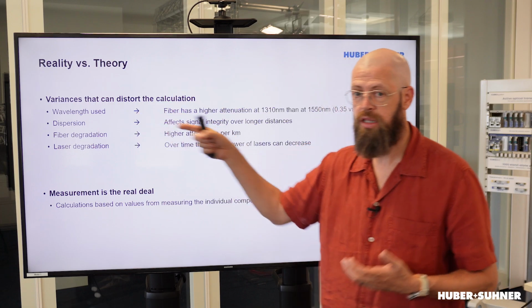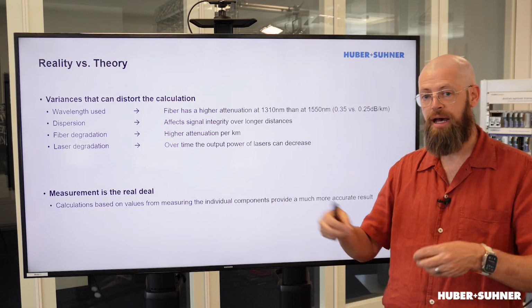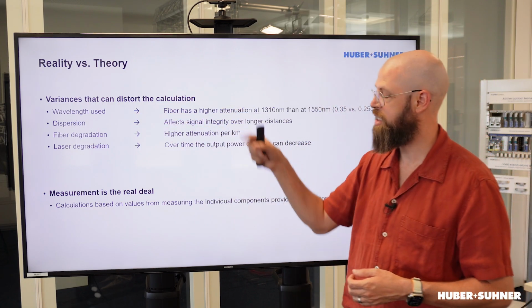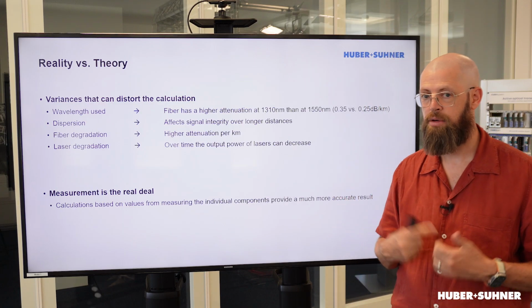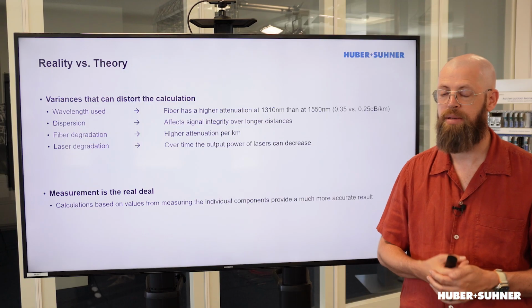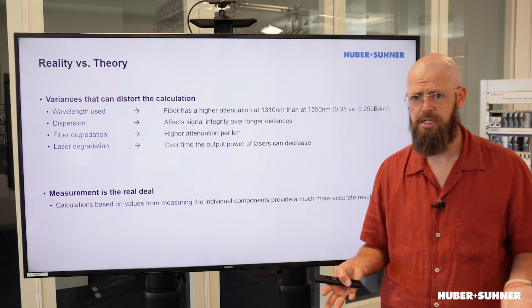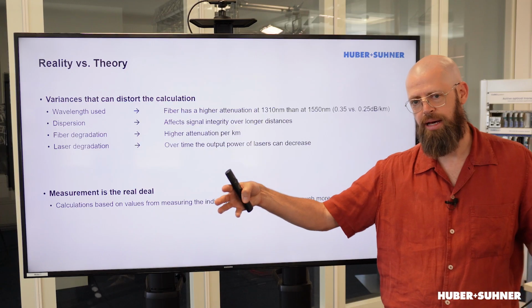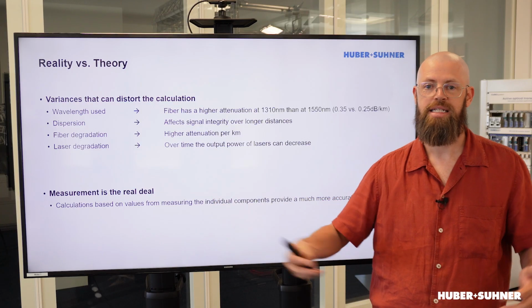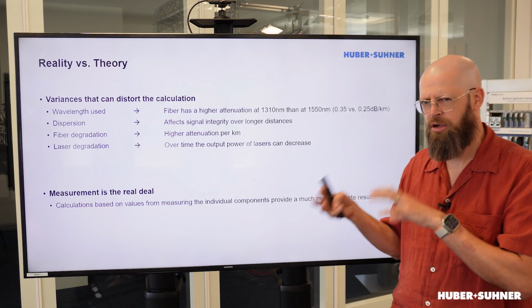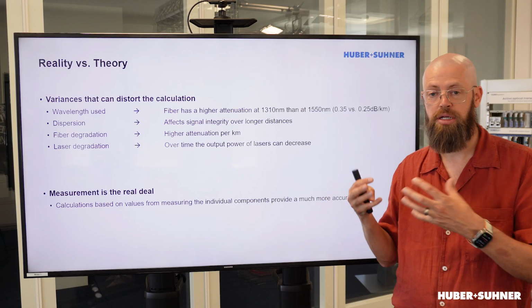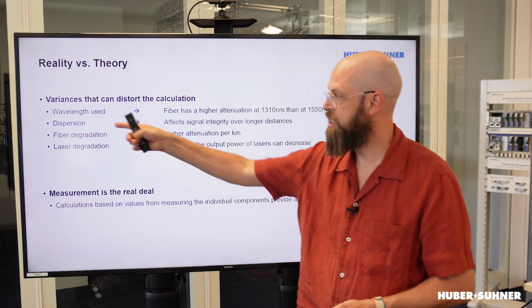Let's start off with the wavelength that is being used. Fiber has a higher attenuation at 1310 nanometers than it does at 1550 nanometers. We're talking about 0.1 dB per kilometer. That may not seem like a lot, but if you're thinking about a 30 kilometer link, that's an additional 3 dB of loss. Also, not really part of the calculation, but still very important to consider, is the dispersion.